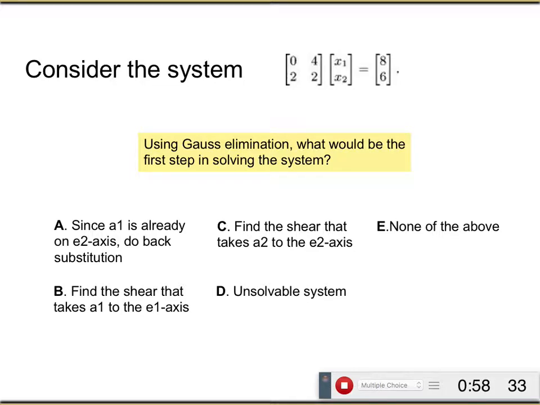If there's no calculation in this, I'll give you another 10, 15 seconds. Okay, last call.